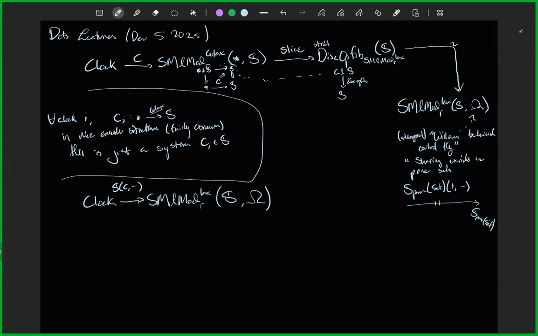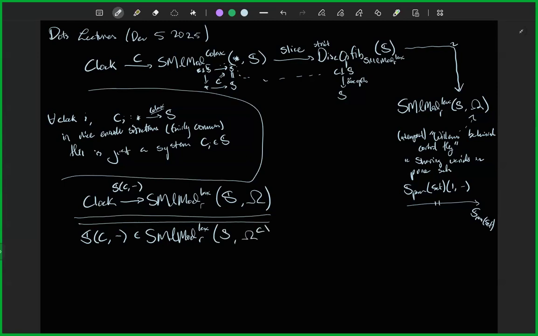So what we'll see here is that this will correspond to S C comma dash in SML mod lax R S comma Omega to the Clock op. There's an op that gets picked up somewhere in here. On the top, it goes into lax rather than colax now.